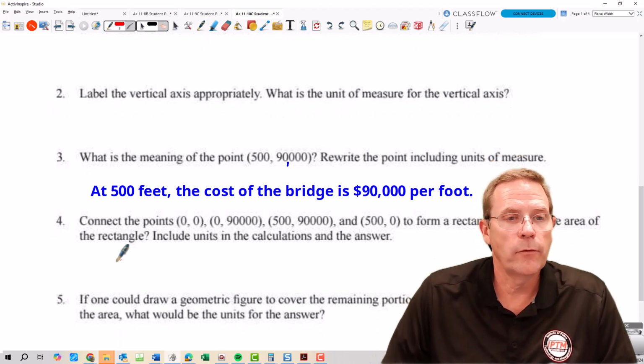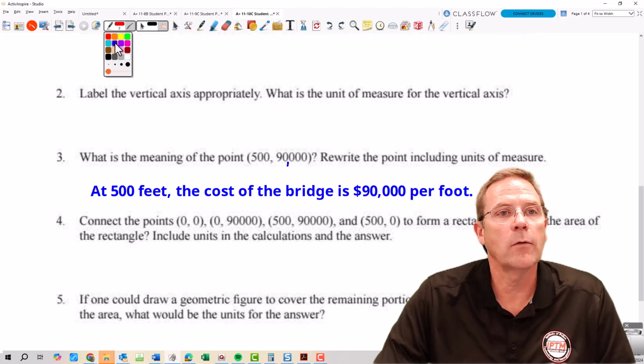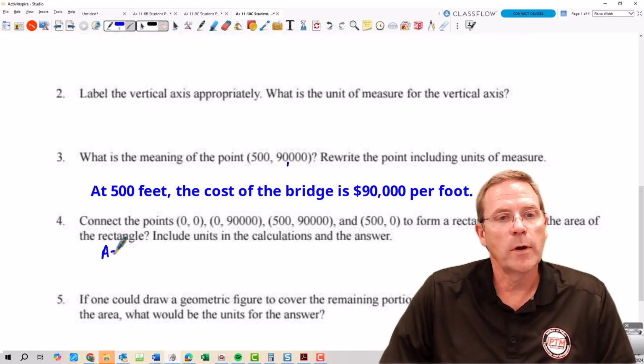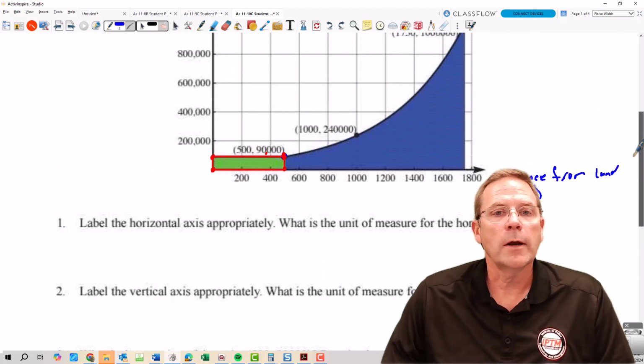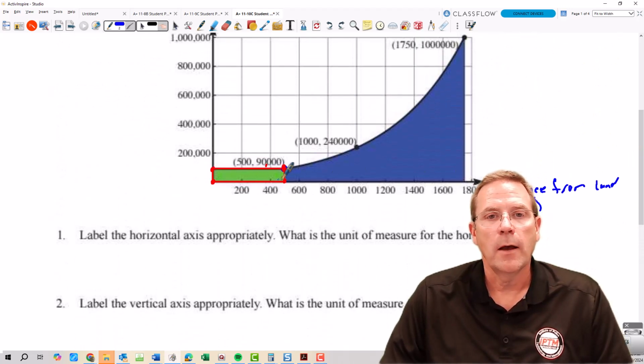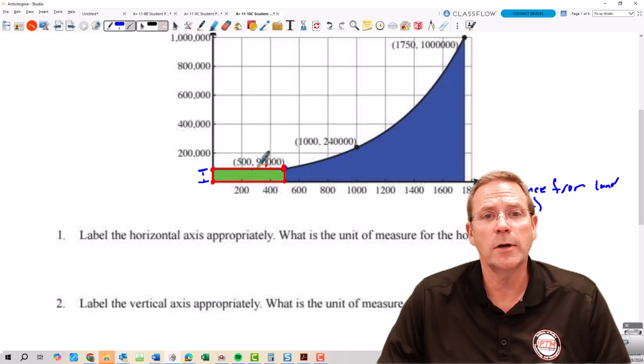Well, we know the formula for the area of a rectangle is going to be length times width. And we can see that our rectangle is going to have a length of 500 and a width of 90,000. So that's our y value. Our y value is this distance right here, and although it is much smaller in distance than our 500 is, it represents a much greater number.